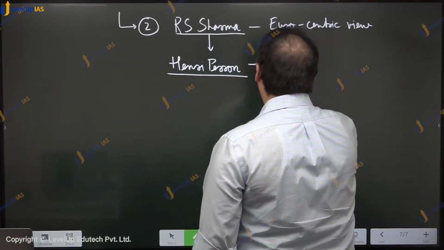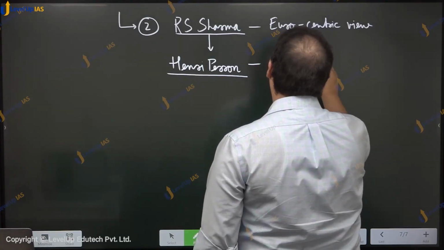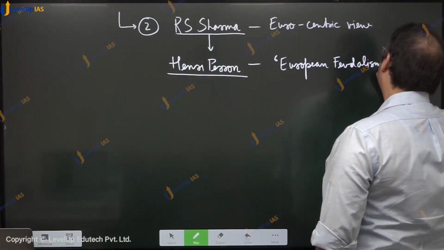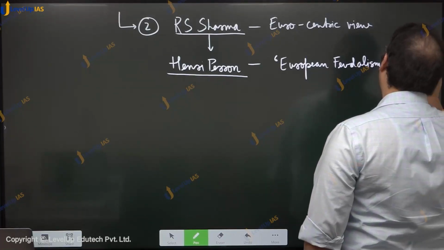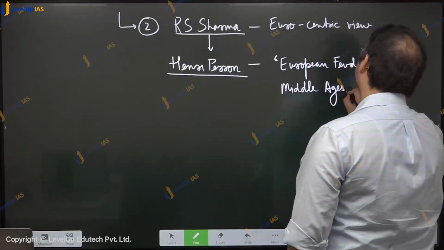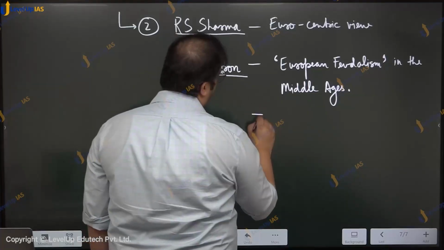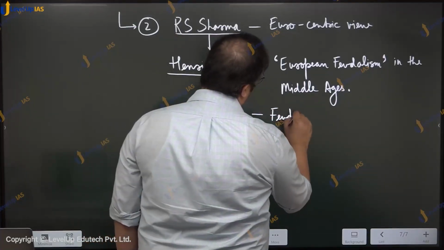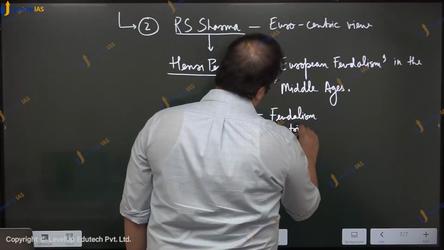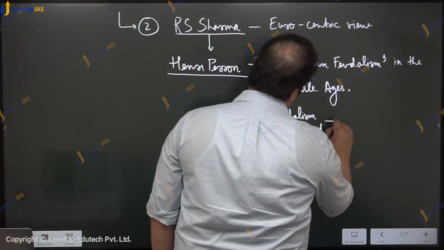So he had given the idea of European feudalism in the Middle Ages. क्या बोला था इसने? That feudalism was triggered by what?